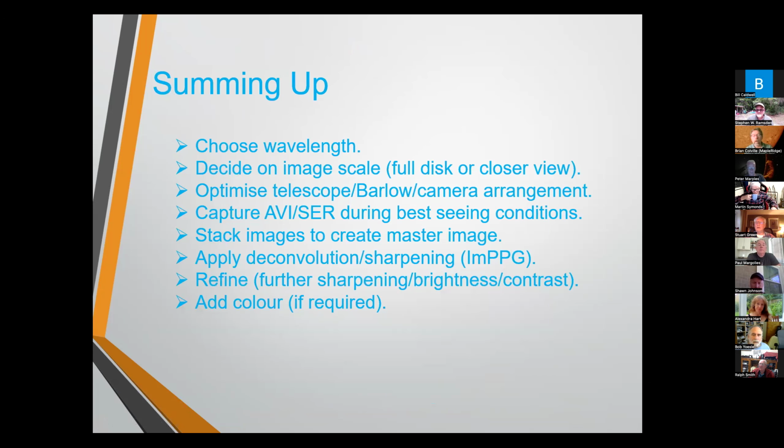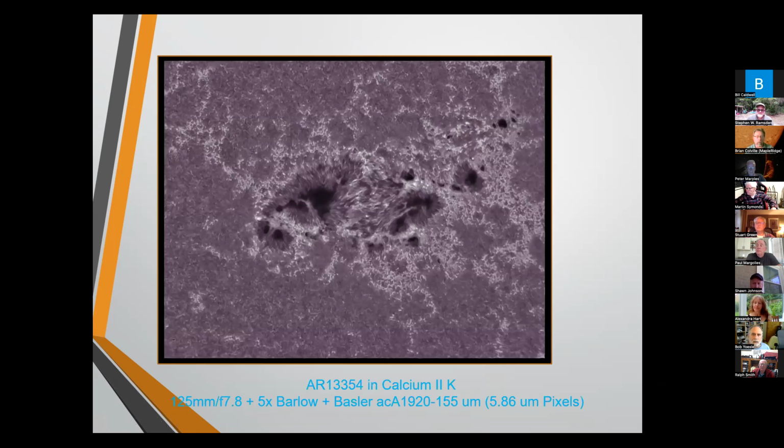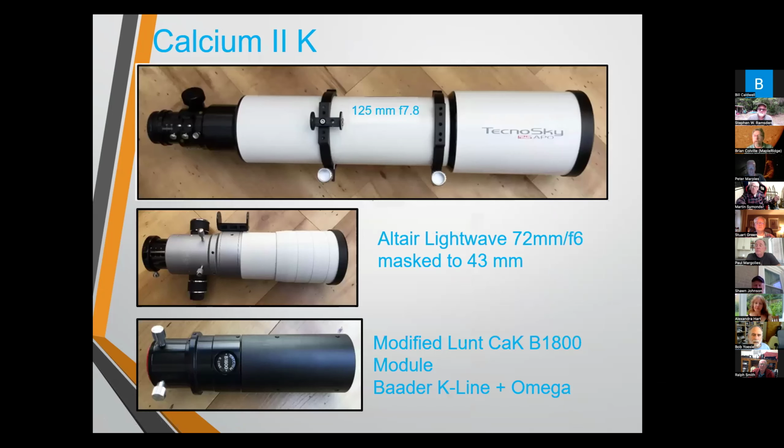Sure. Okay. Yeah. You've got the same calcium K module that I have there. Do you have any problems with a ghost along the limb? I'm having an awful time with mine, and I know Nick has brought it up as well. Yeah.